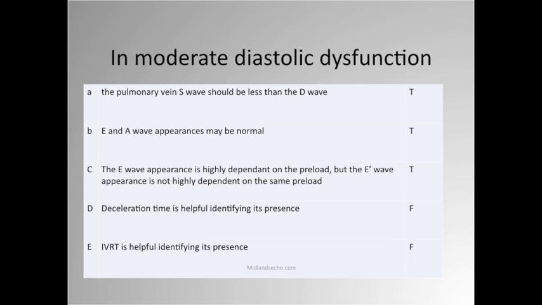So it's not because E prime is not load dependent, it's because it's not dependent on the same preload as the E wave is. Because remember, the E prime wave is like the whole weight of the heart moving down back into the centre of the chest during diastole. So that's true.